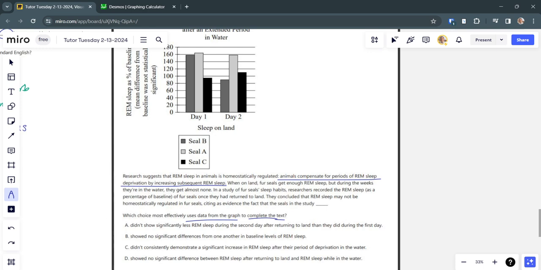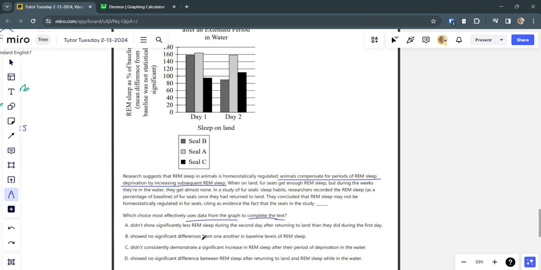We want something that supports their conclusion that REM sleep may not be homeostatically regulated in fur seals. And that hypothesis is basically saying animals are compensating by sleeping more later on when they get sleep deprived.